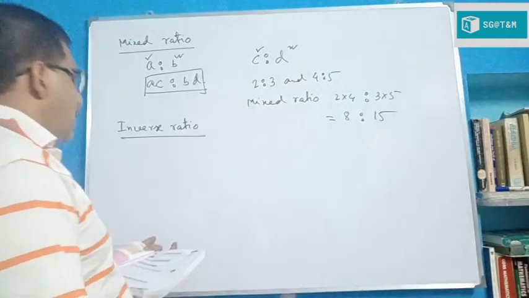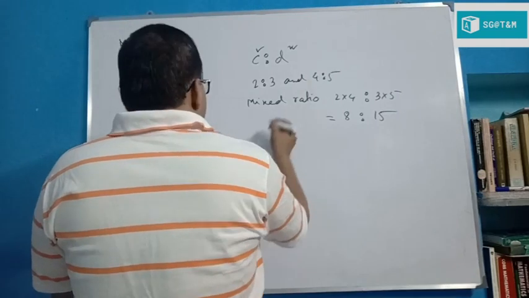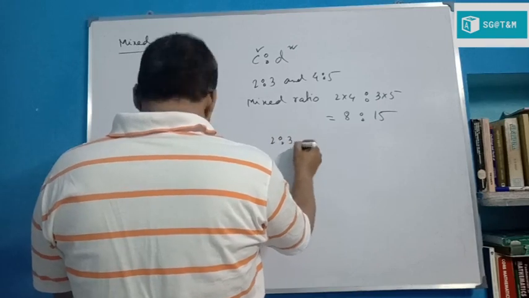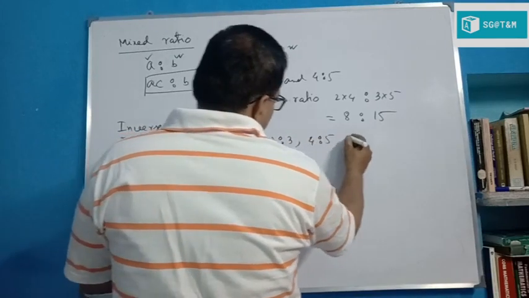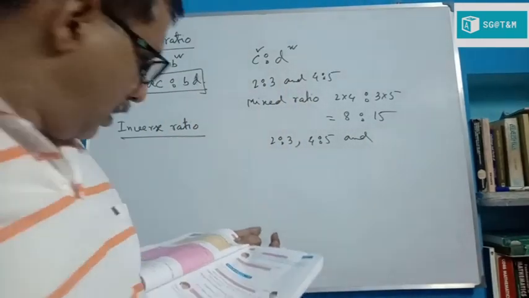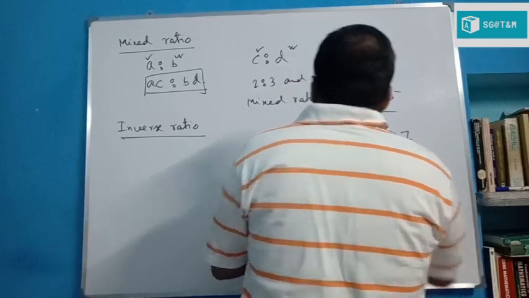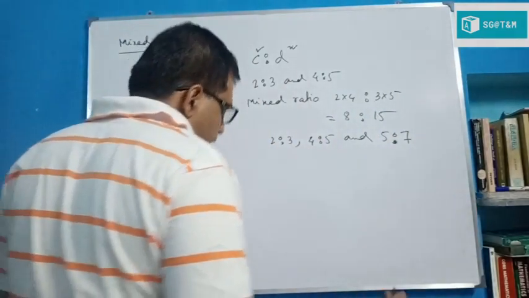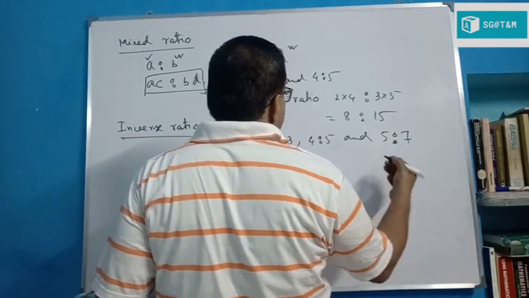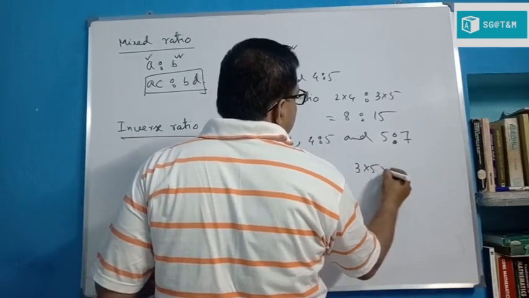Again, if we find the mixed ratio of three given ratios, for example, 2:3, 4:5, and 5:7. Multiplying all the antecedents, 2 into 4 into 5, and all the consequents, 3 into 5 into 7.